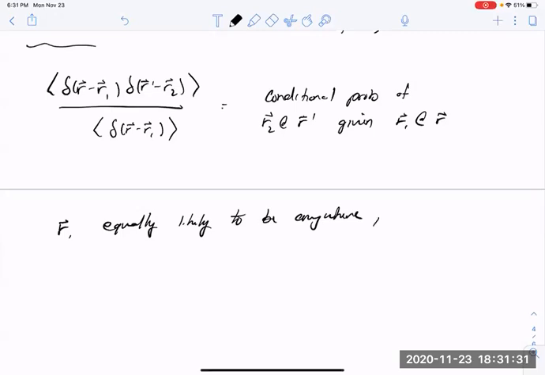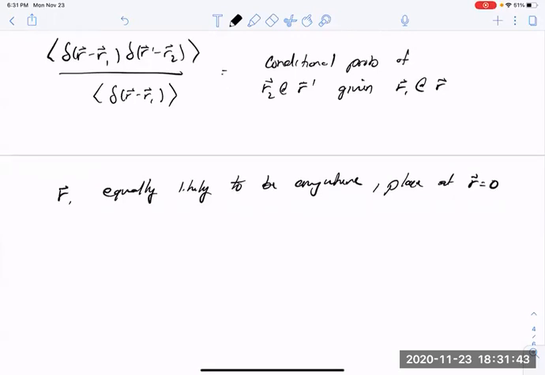So let's place it at the origin for simplicity. Therefore, this conditional probability is, given R1 is at the origin, what is the probability that we find R2 at R prime?